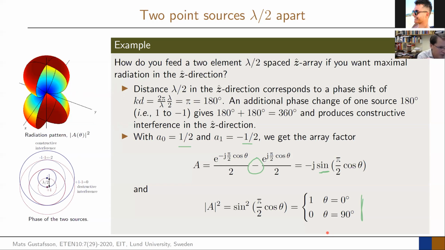And in the XY plane, theta equal to 90 is equal to 0. So no radiation in the horizontal plane, all radiation straight up, just by changing the phase of the elements. So I can make it radiate in different ways. Then, of course, I need an antenna element that also radiates that, because in the end, I should multiply with the element patterns too. This is only the array factor that we do.